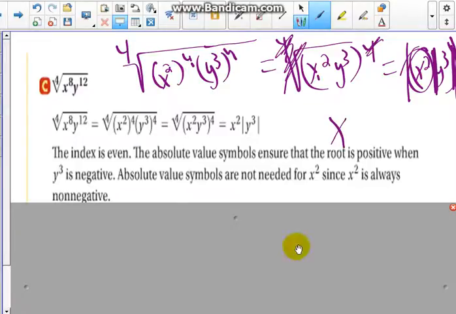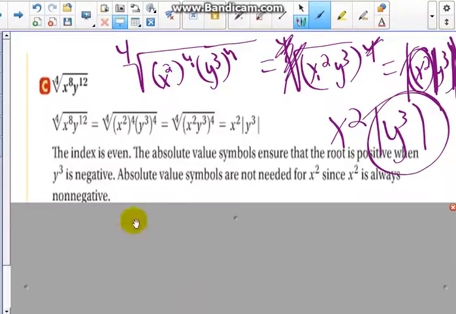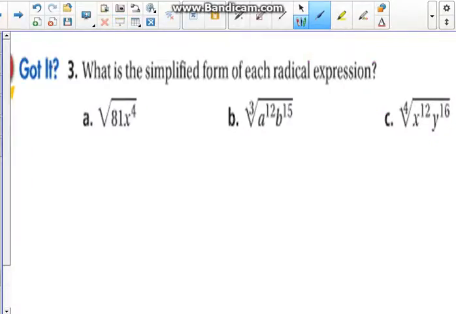So it becomes x squared times the absolute value of y cubed. Okay, so the absolute value stays on because it is an odd power. Okay, here's the Got It for these. You can pause and do these if time allows.